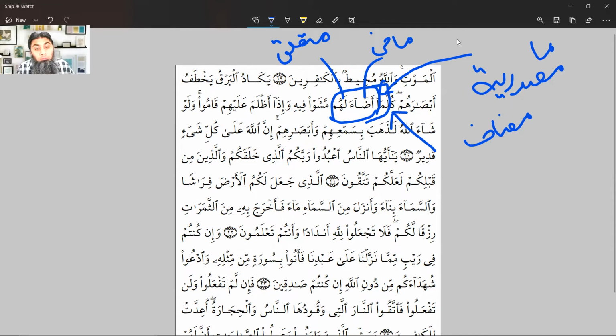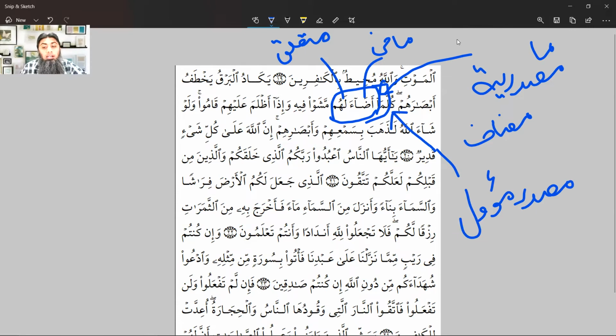Ada'a lahum, please pay attention. Ada'a lahum is a sentence based on fi'l madi, but because of ma, this sentence has become masdar muawwal. We know this one, masdar muawwal, which simply means that this whole sentence will play like one word.